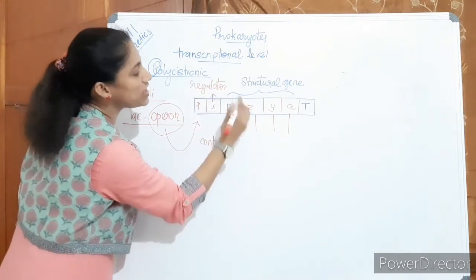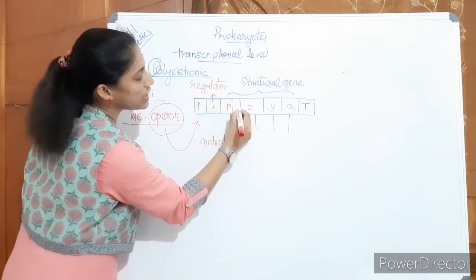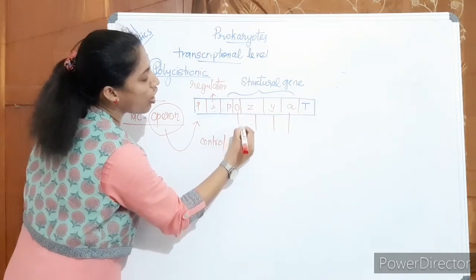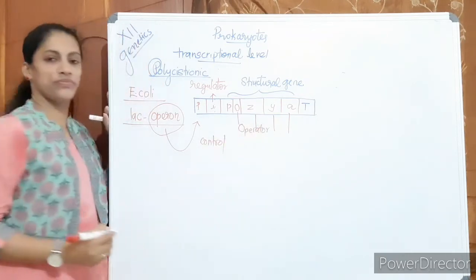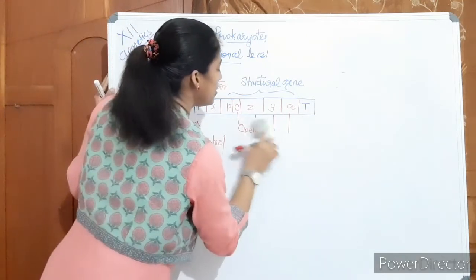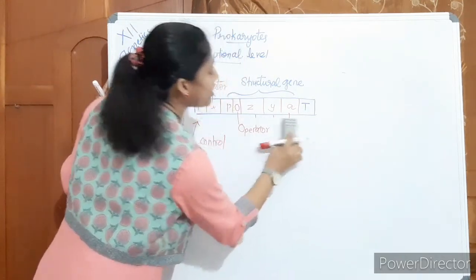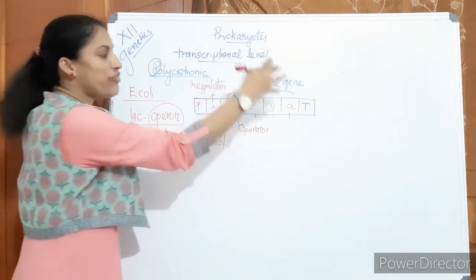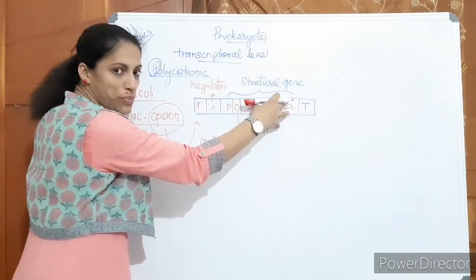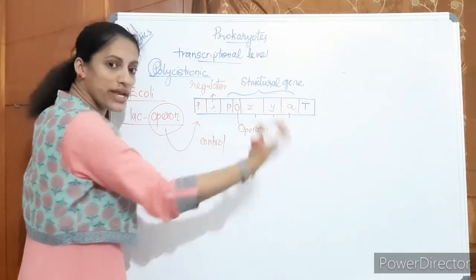Then after the promoter, there is another region called the operator gene or operator sequence. So understand what the essential parts of this operon are. This operon consists of a functional structural gene portion, the genes to be expressed.